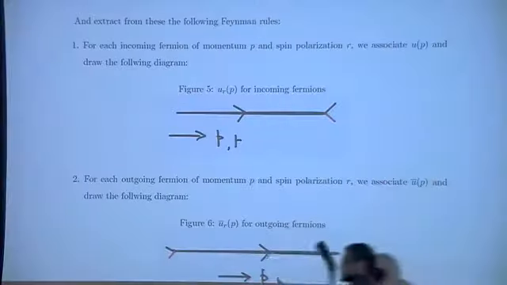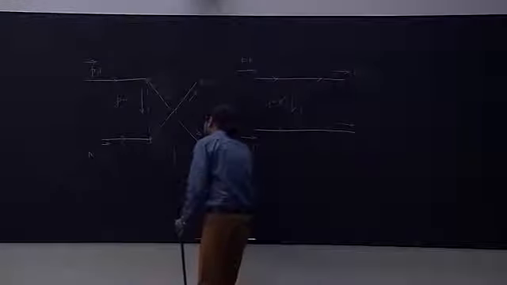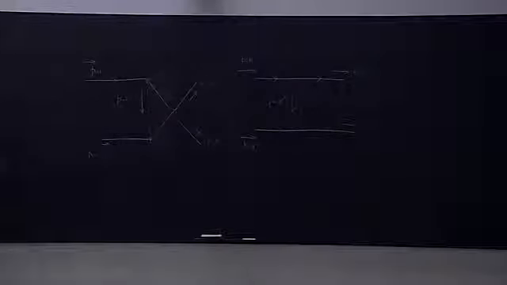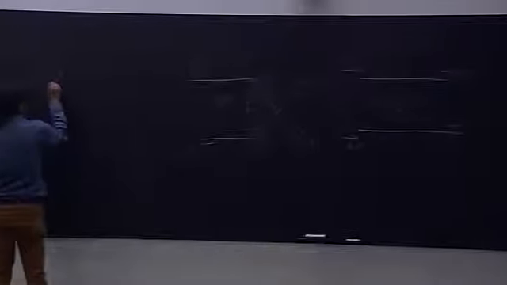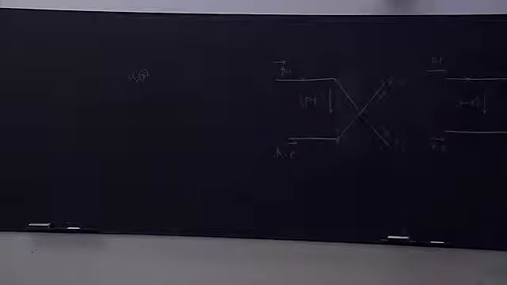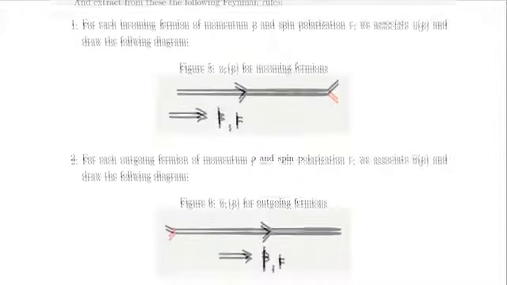So for this thing, I draw u of P, R. For each outgoing fermion, we draw a particle like that.